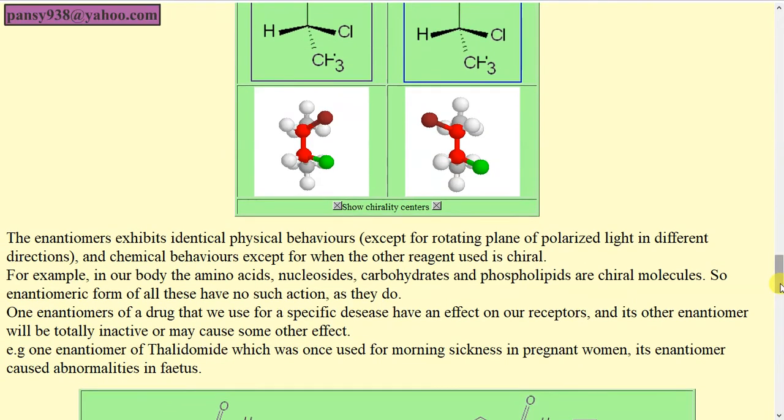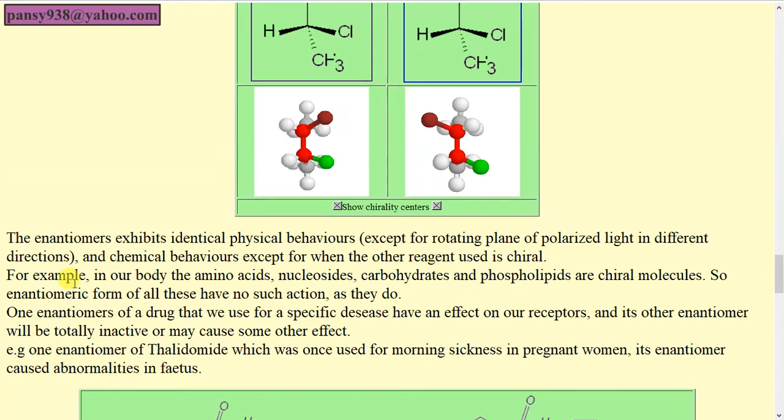The enantiomers exhibit identical physical behavior except for rotating the plane of polarized light. Enantiomers are the same in their characters, especially in the physical characters and even in the chemical characters. But if the reagent that is being treated with them is chiral, then they show different characters.